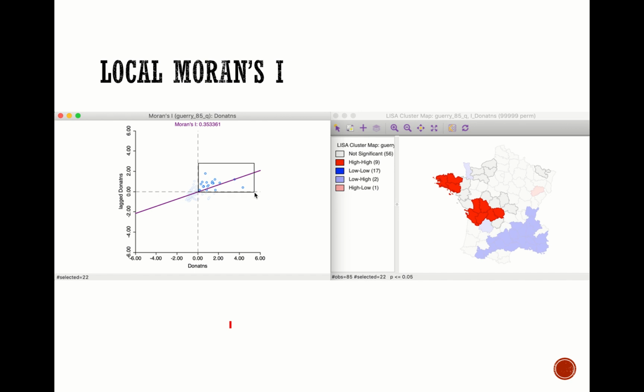So in terms of doing a local Moran's I test, our LISA, we can look at a certain part of the data. In this case, in GeoDa, I've dragged over top of the data in the high quadrant there. That's basically telling me where in my study area I have positively spatially autocorrelated areas, high next to high, low next to low.